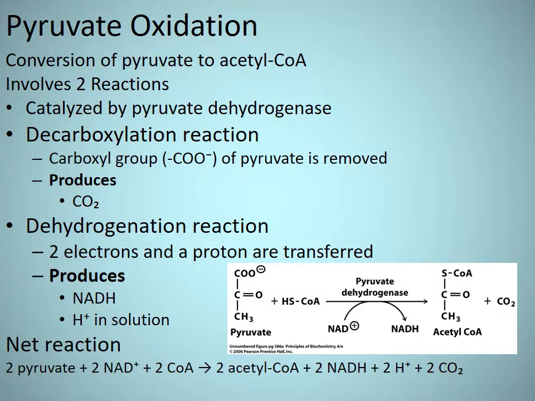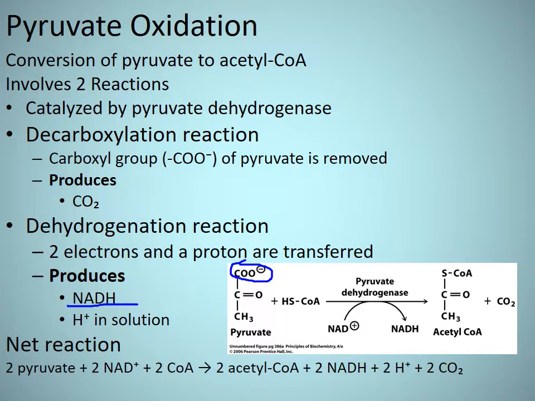Essentially, there are two reactions here: a decarboxylation reaction, so the removal of a carbon dioxide from the pyruvate molecule, and then a dehydrogenation reaction. Essentially, the two electrons from pyruvate are transferred to form NADH.